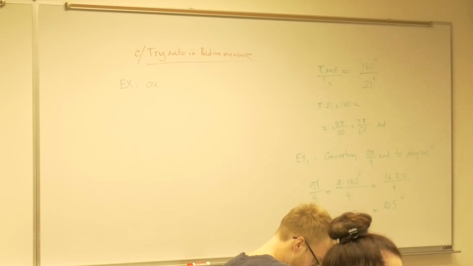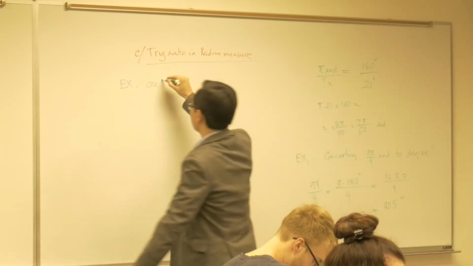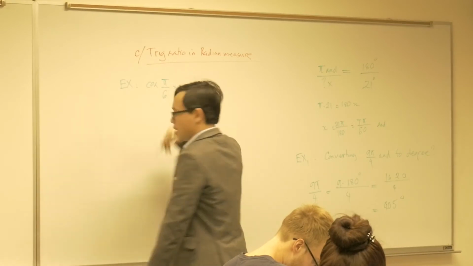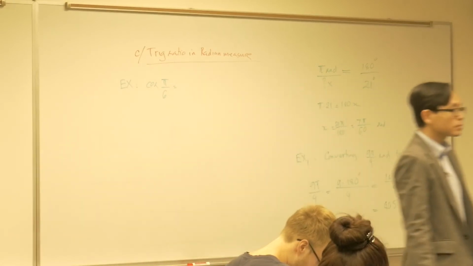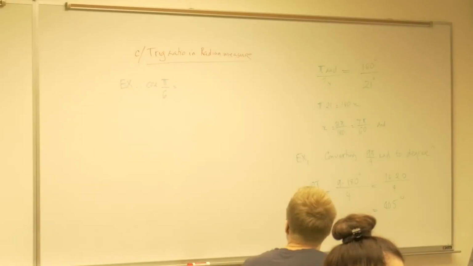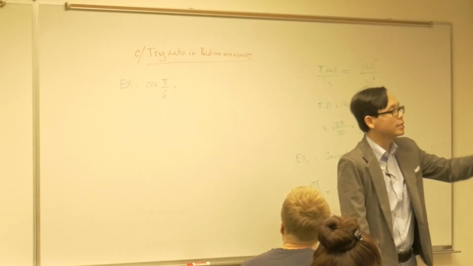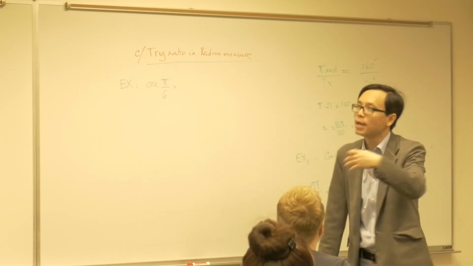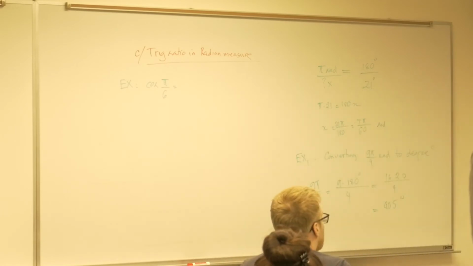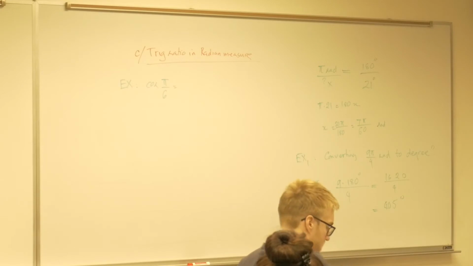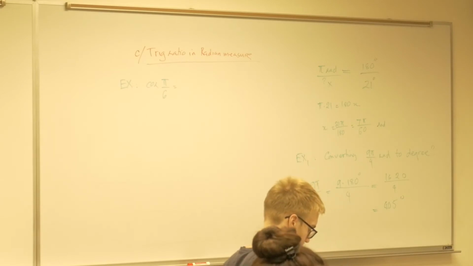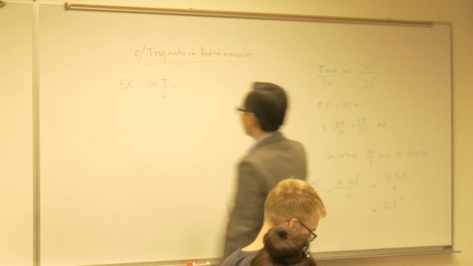So cosine of pi over 6, if you use the table, pi over 6 is 30 degrees, so cosine of pi over 6 will be cosine of 30 degree, and what is cosine of 30 degree, guys? It's square root of 3 over 2.